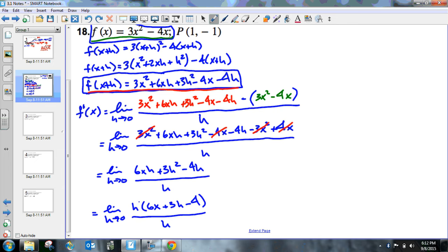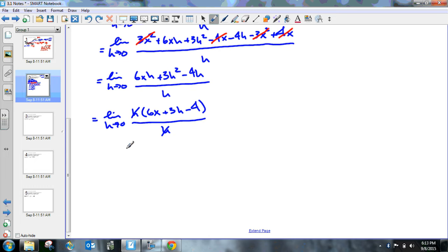And so the h's divide out at this point, and look what I have. I'm going to write it below. Sorry, there's not a terribly a lot of room on your paper, so just bear with me. Sometimes these require a lot of work. The limit as h approaches 0 of 6x plus 3h minus 4.